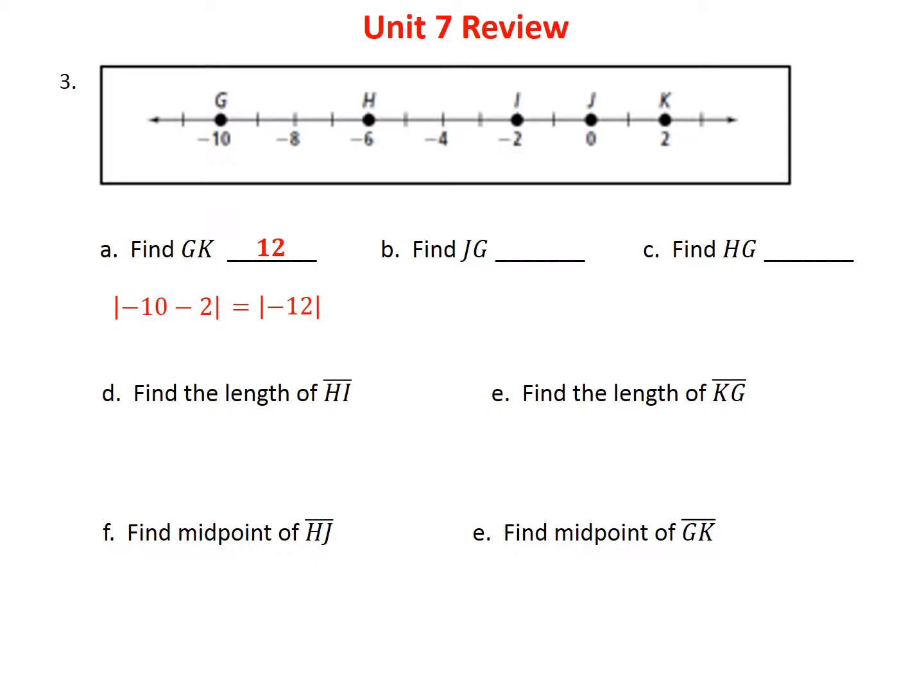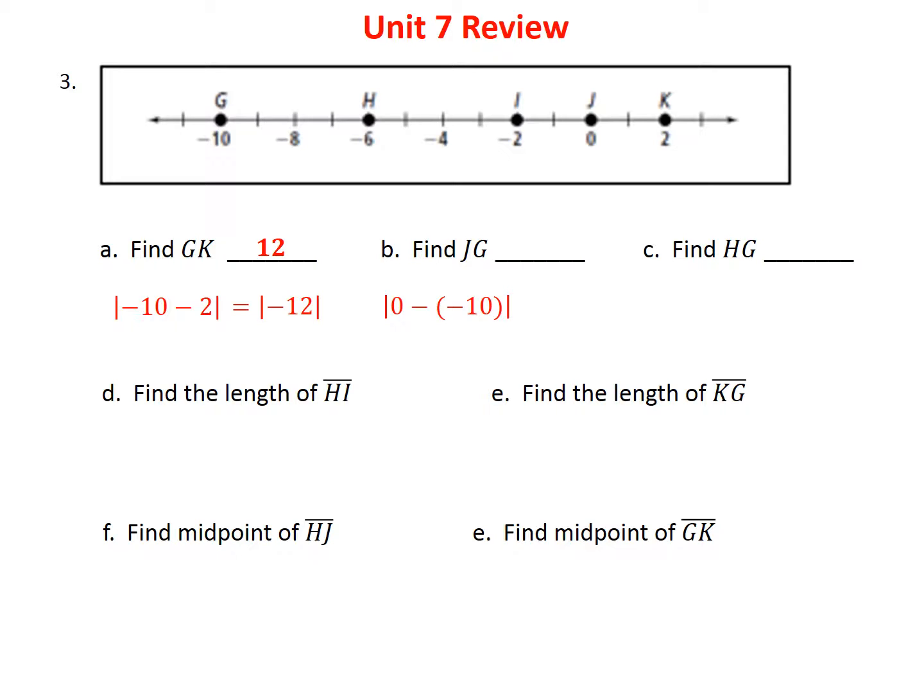By the way, you could also start at G and just count over, and if you did so, you would find out that there's 12 units between them. B is for J and G. J is 0 and K is minus 10, so I have 0 subtract minus 10. Remember, however, that subtraction is simply adding the opposite.